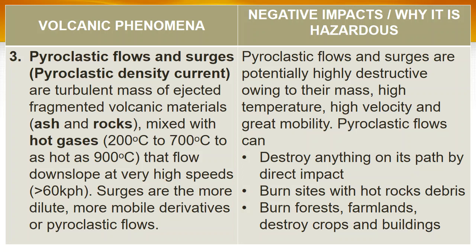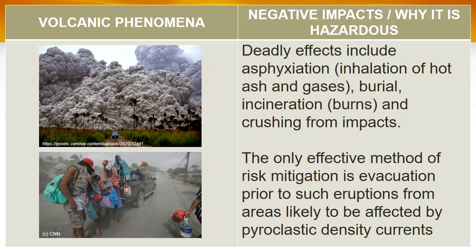Pyroclastic flows can, number one, destroy anything in their path by direct impact. They can also burn sites with hot rocks and debris, and they can burn forests and farmlands, and destroy crops and buildings.